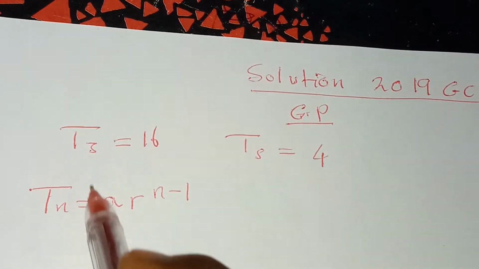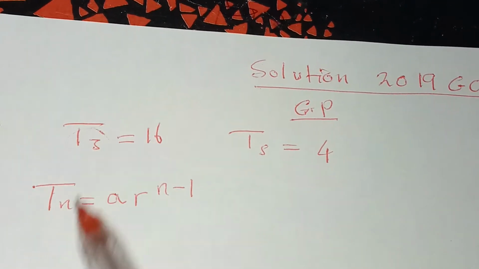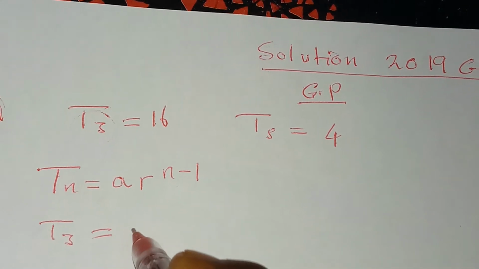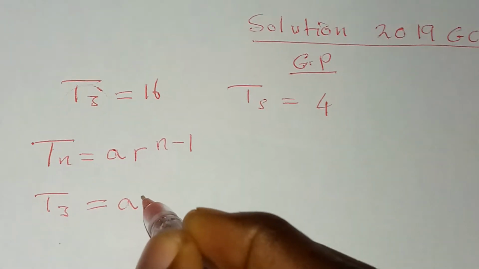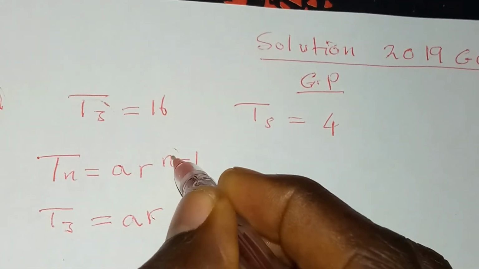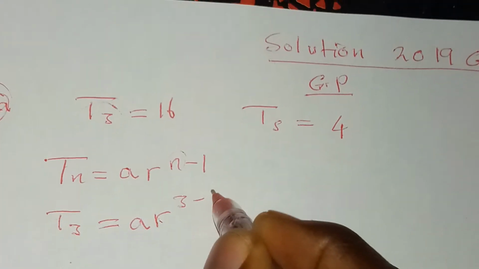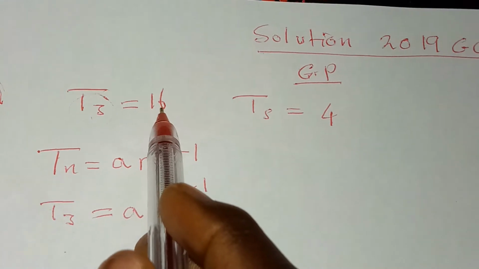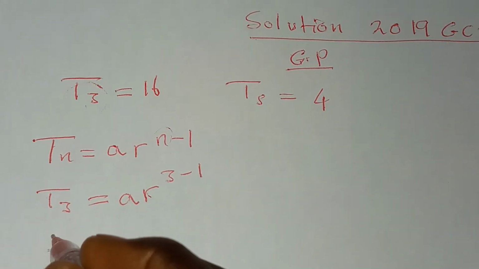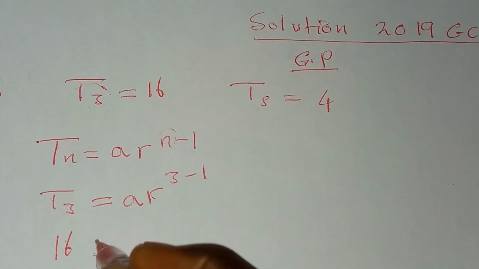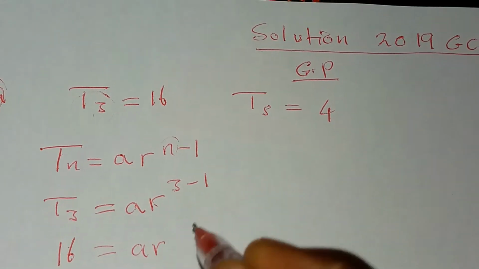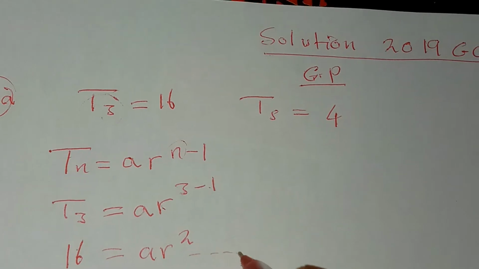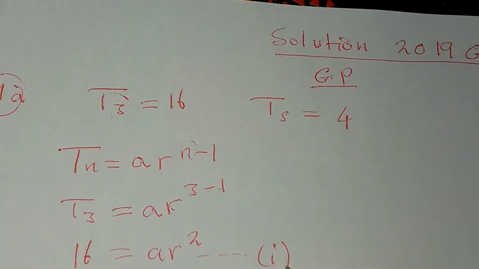Replacing this as the third term, the third term is equal to the first term, a, which is the one we are finding, also the common ratio, r, but the number of terms there is 3 minus 1. They are saying the third term is equal to 16. So 16 is equal to ar to the power 3 minus 1, which gives us 2. You record this one as your first equation.